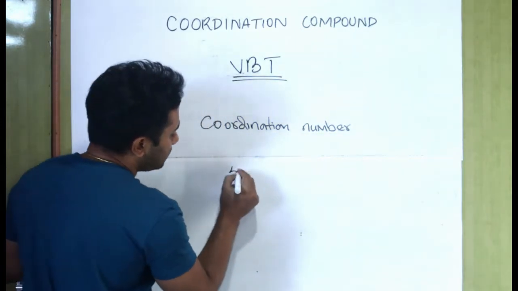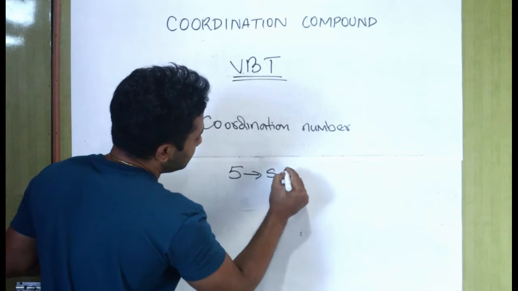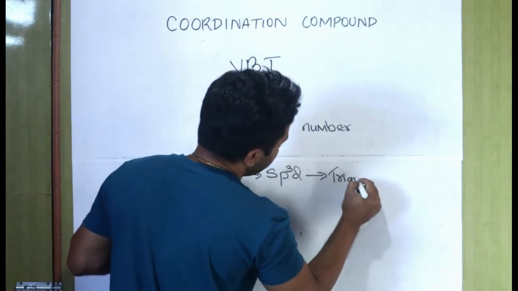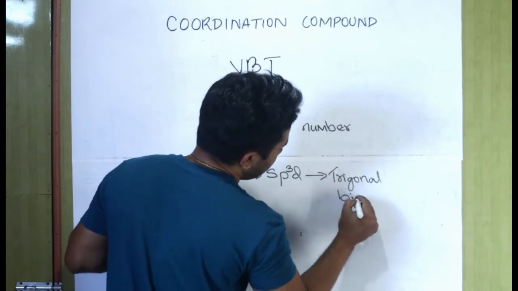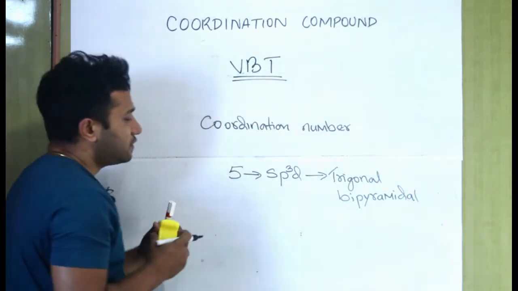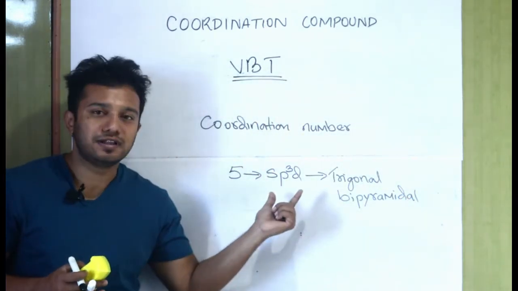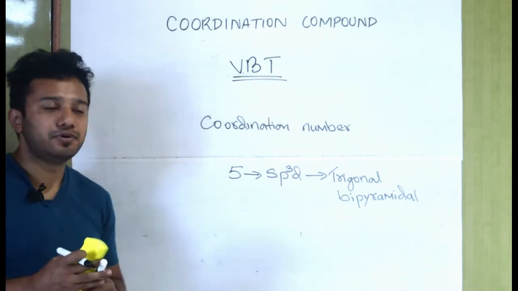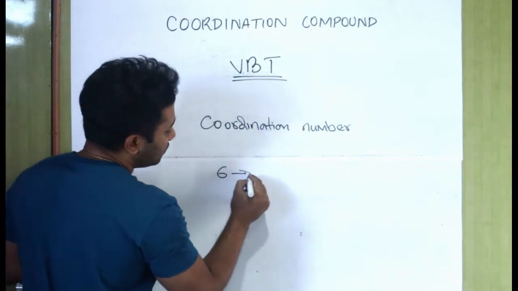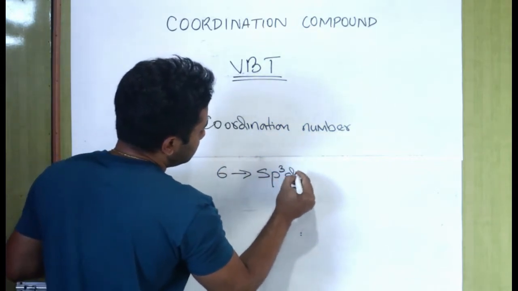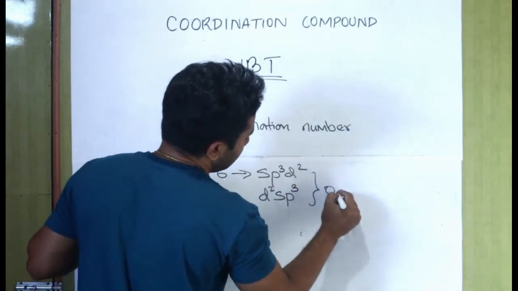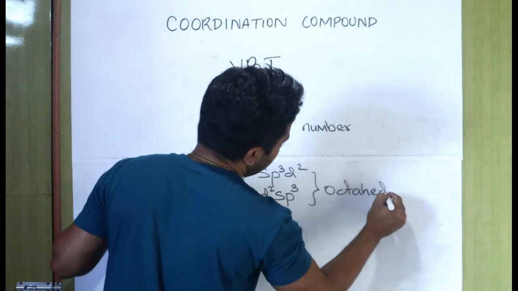if we have coordination number 5, we will have sp3d, which will be trigonal bipyramidal. So if the coordination number is 5, we shall have trigonal bipyramidal. If the coordination number is 6, we shall have sp3d2 and d2sp3, both of which are octahedral.